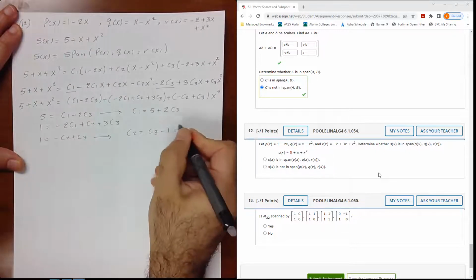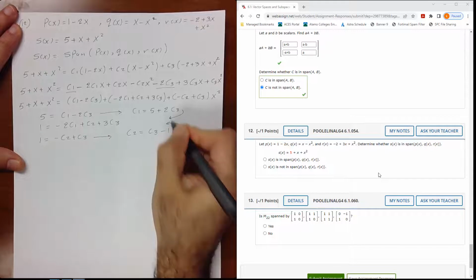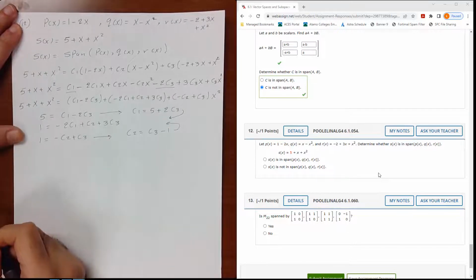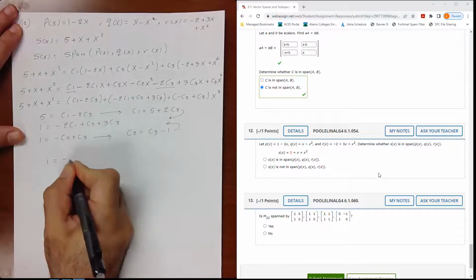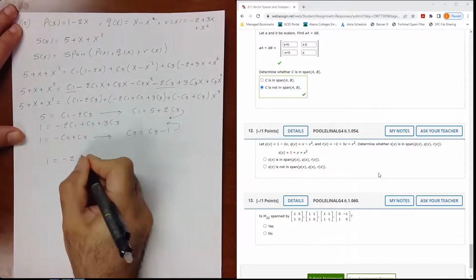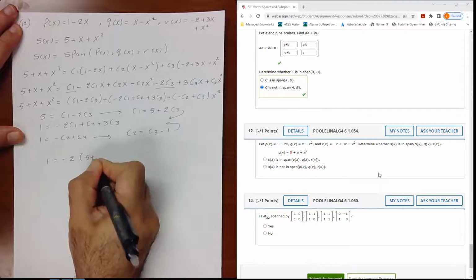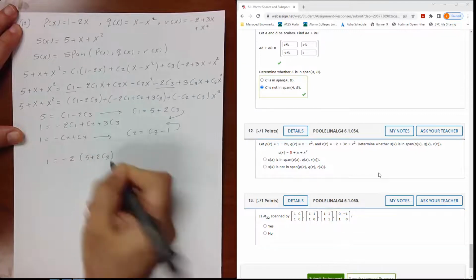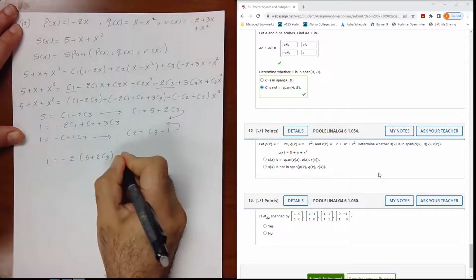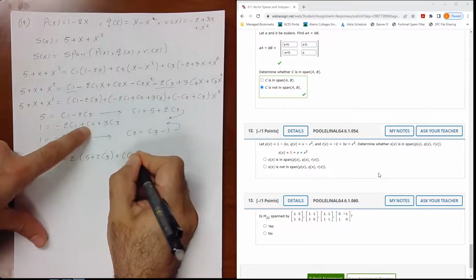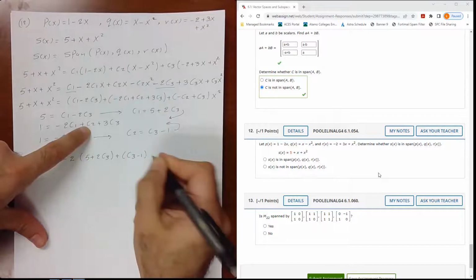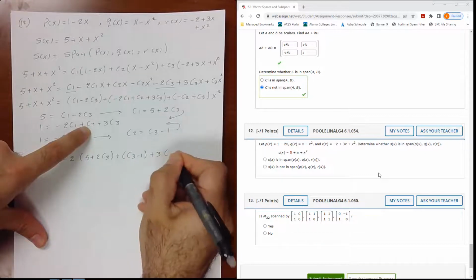Now I'm going to plug these two into the second one. The result is 1 = -2 times C1, which is 5 + 2C3, plus C2, which is C3 - 1, plus 3C3.